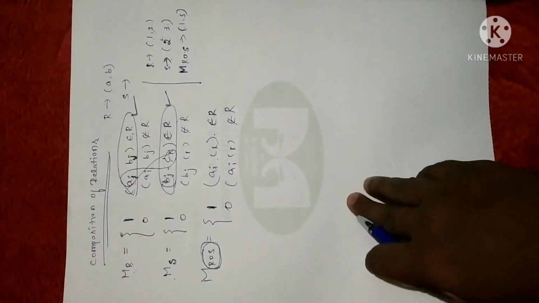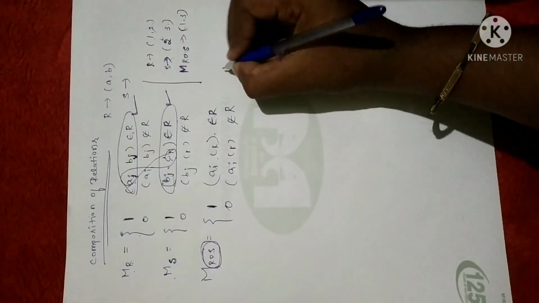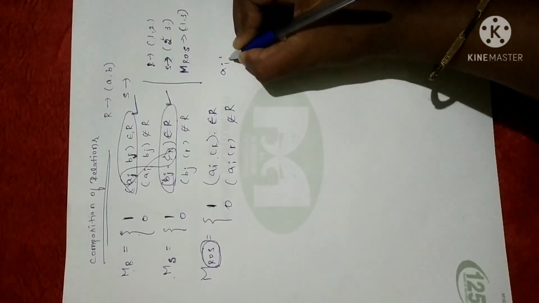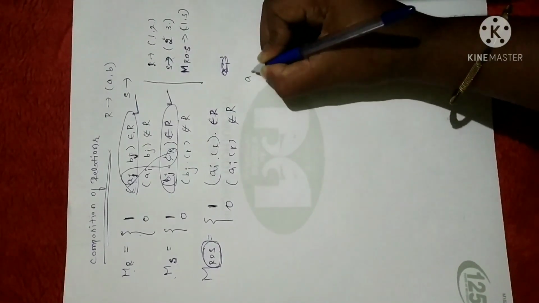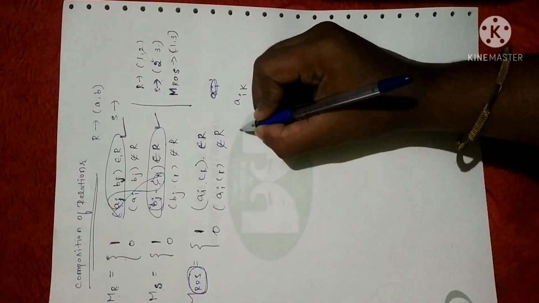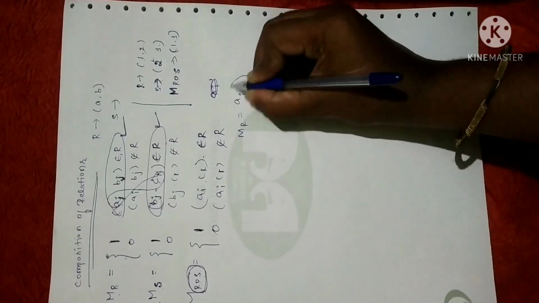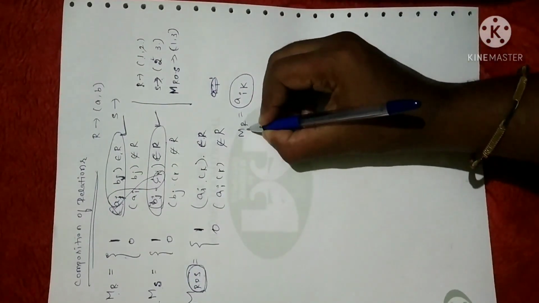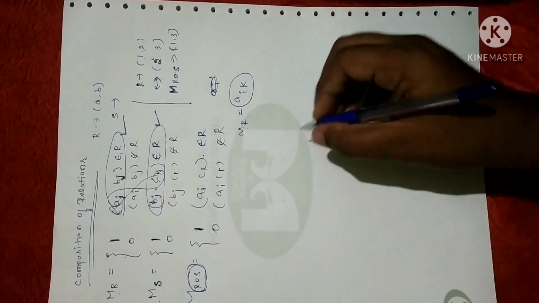So, in short, I can write it with reference to one single element so that you can understand clearly. Instead of taking an ordered pair, I'll take it in generalized form. Suppose in MR, I have an element aik.